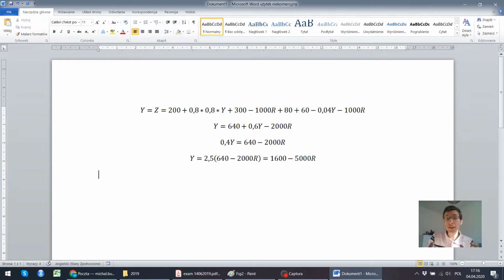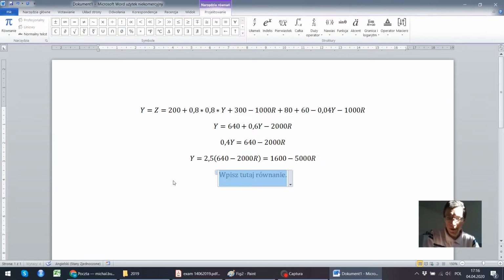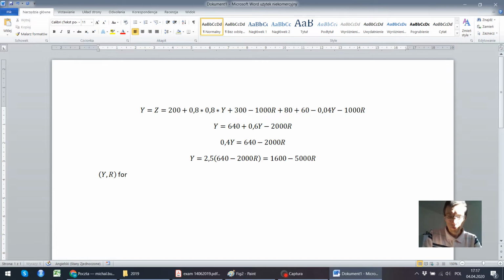Now the interpretation: what is characteristic about those Y's and R's that belong to this IS curve? Of course, you know it very well. These are the points (Y, R) for which, so those points (Y, R) belong to the IS curve if and only if for those points there is the goods market equilibrium.